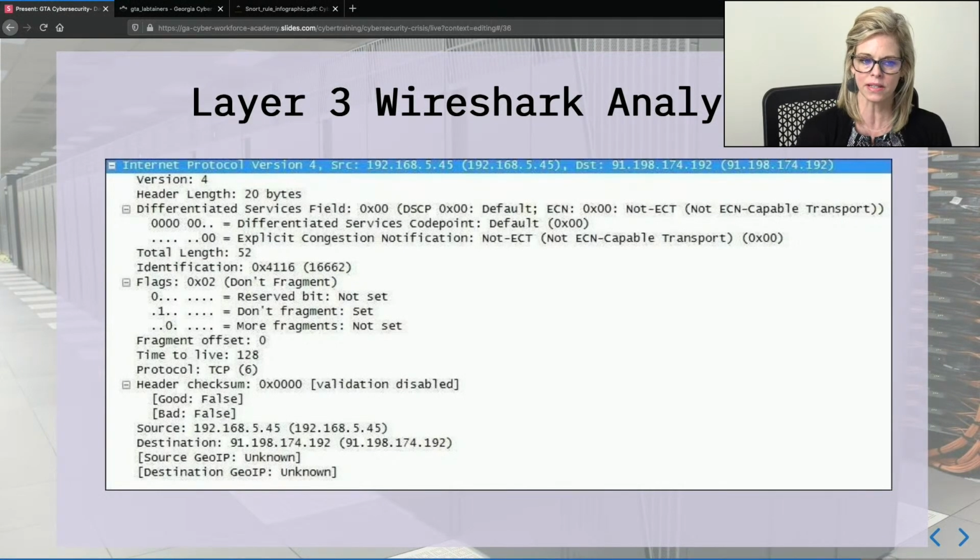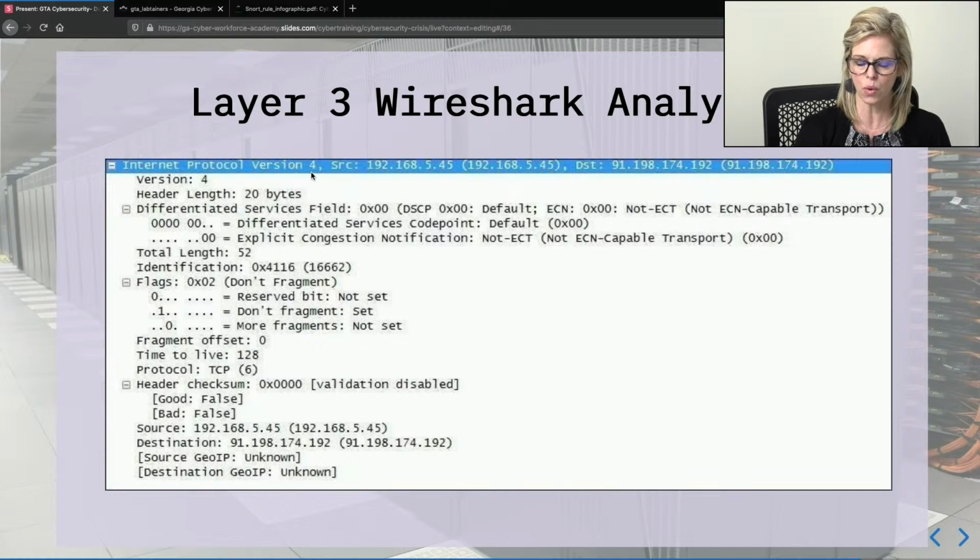So looking at this same information, we looked at the OSI and the different layers that were presented there. I just wanted you to look at the Wireshark information with this same information displayed. So remember, we had the IP protocol and the specific version.